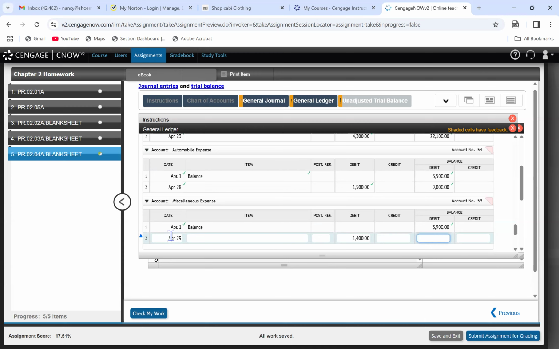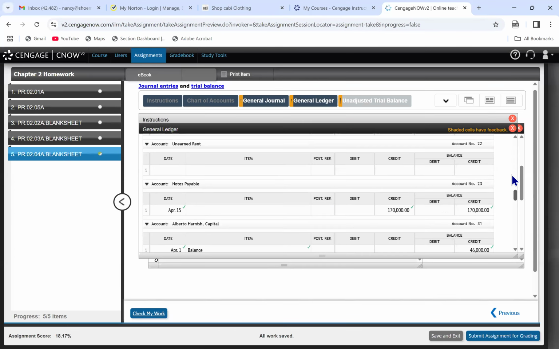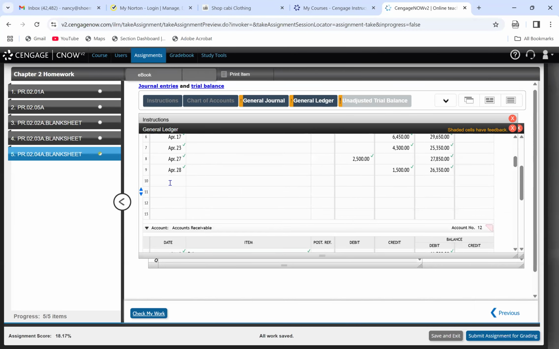And this is going to bring this up to 5,300. And we credit the 1,400 in cash. So again, it's kind of tedious here, guys, but you're doing it. 26,350 minus the 1,400 is 24,950. Okay.